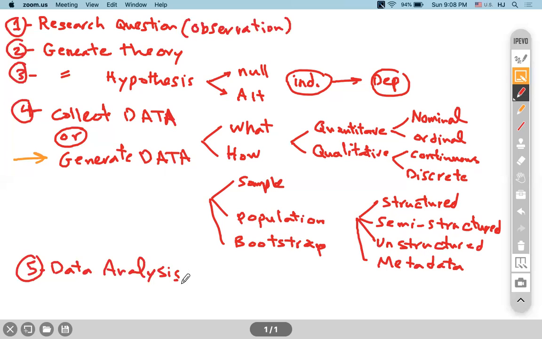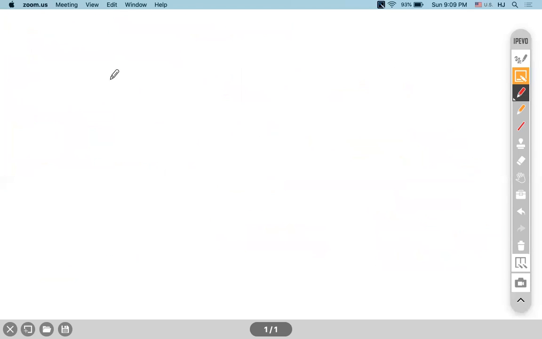Now, talking about data analysis, let's see what we can do with these steps. I will remove everything I wrote here, and talk specifically about step number 5, which is called data analysis. To be honest with you guys, when we talk about data analysis, we don't talk about analyzing the data straight away. Usually, we have to prepare these data for analysis.